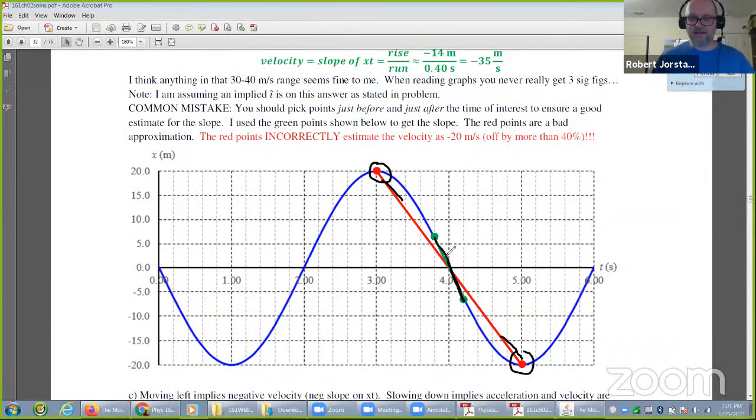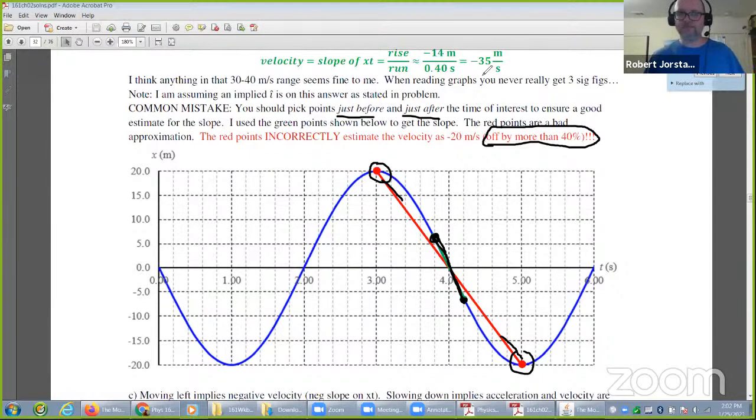The idea here is you want to use points as close to the point of interest as possible. You do not want to go way off up or below. Notice that if you do that, you're off by 40%. That's terrible. So you want to pick points just before and just after anytime you need to get the slope.